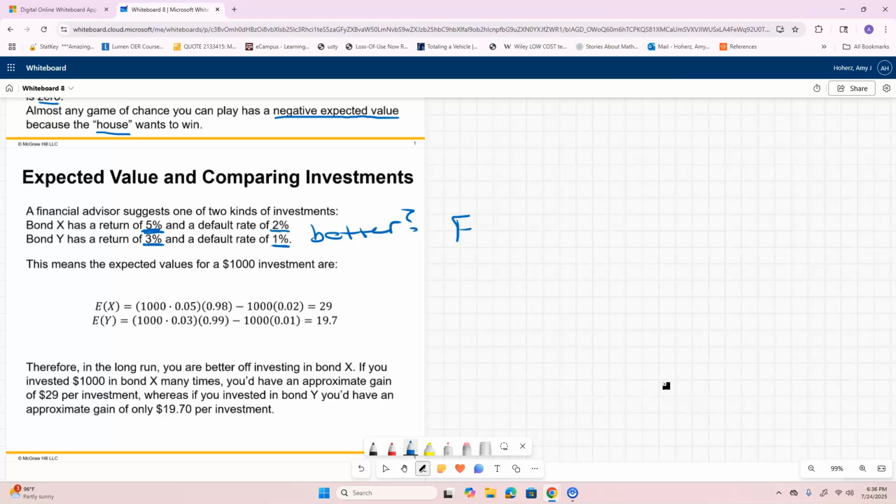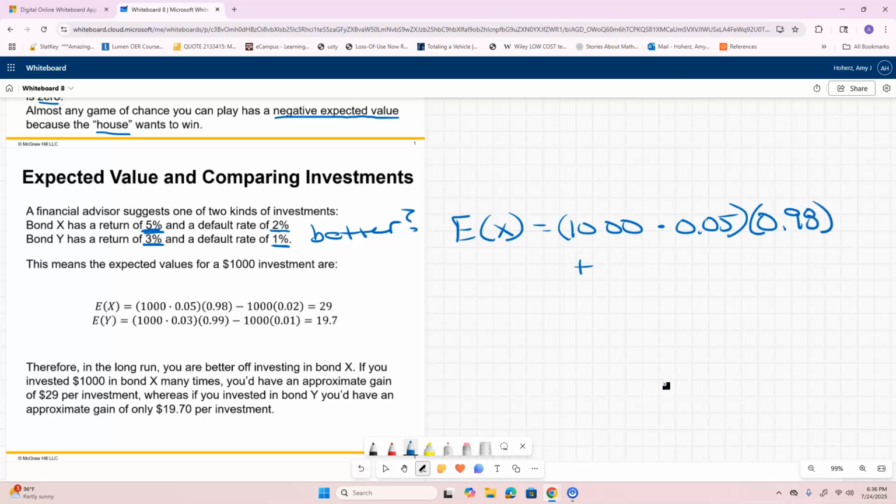So bond X says that you're going to get 5% of your investment, so $1,000 times 5%, and that's going to happen 98% of the time.